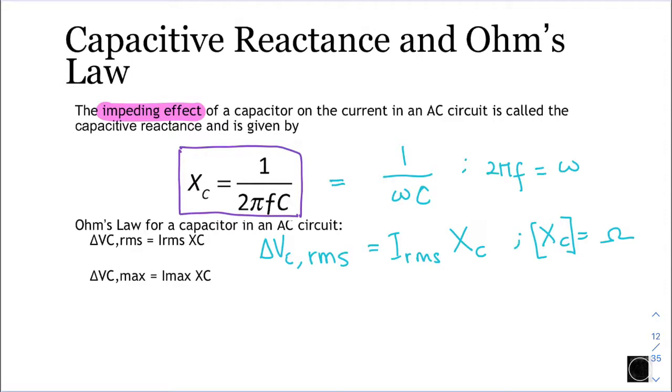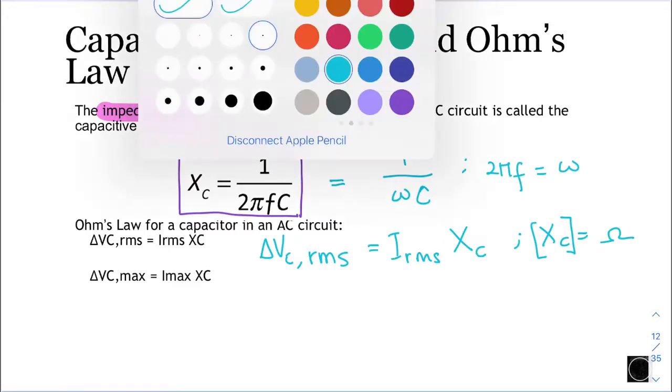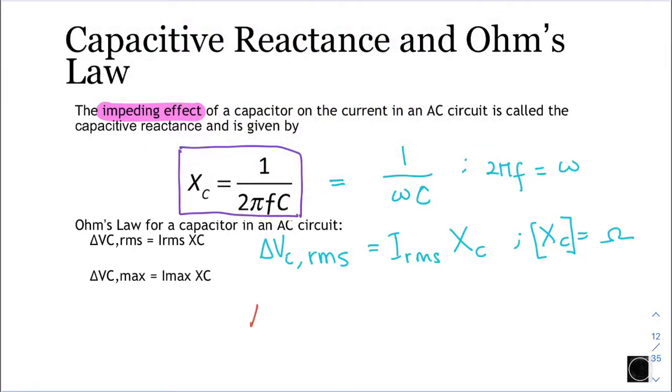The same goes for delta V maximum across the capacitor. Delta V across the capacitor in terms of maximum value is equivalent to I maximum flowing within the circuit times the capacitive reactance of the capacitor.